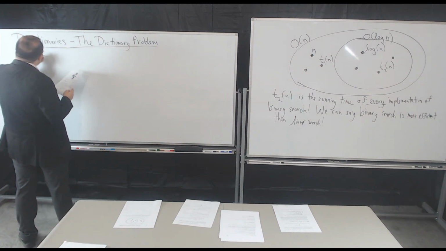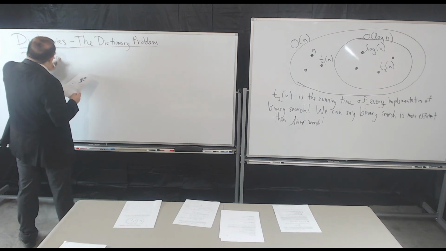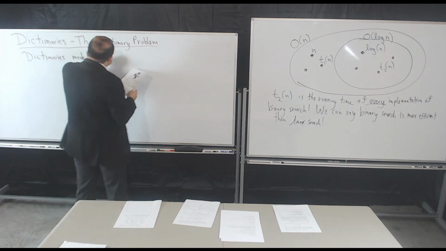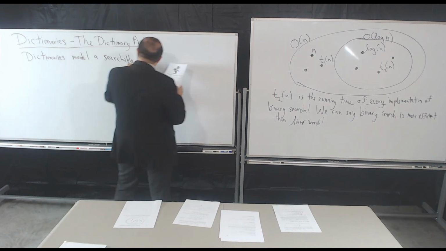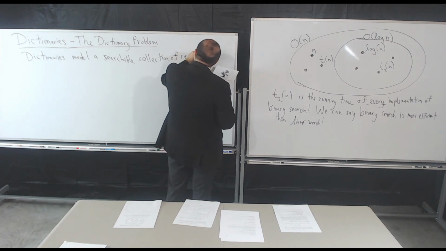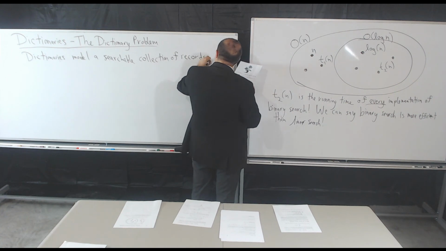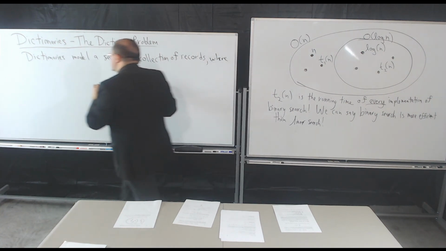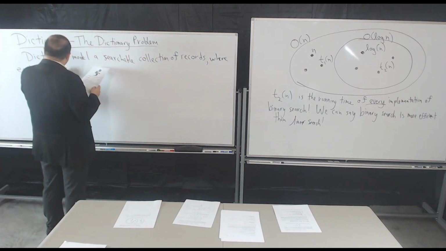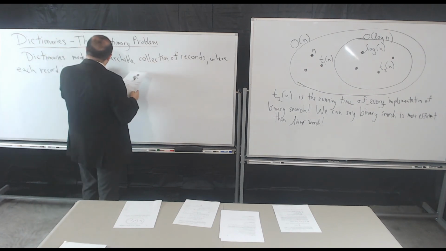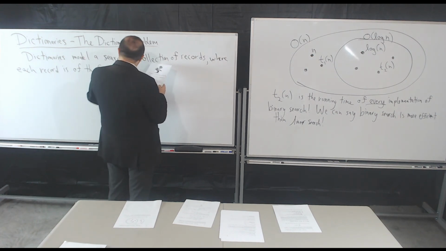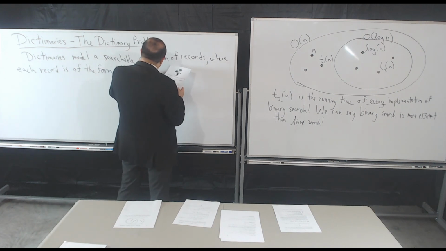So dictionaries model a searchable collection of records where each record is of the form key, value, or data.